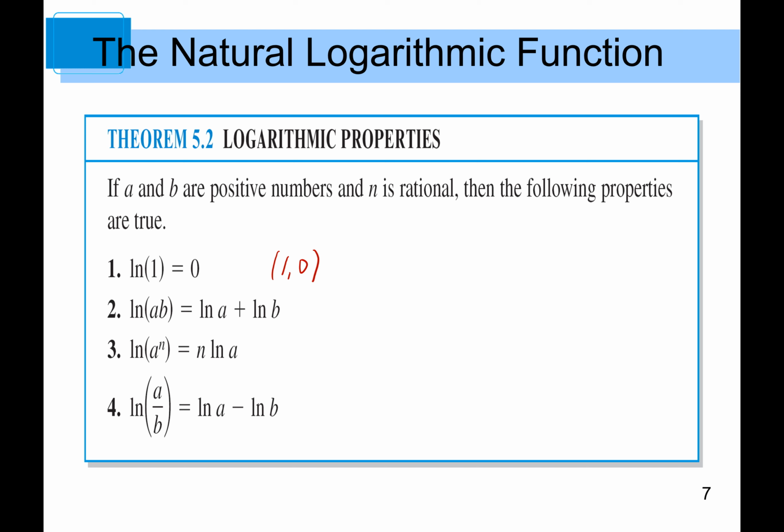And ln of a times b, the product becomes the sum: ln of a plus ln of b. ln of a raised to the n power, so again, you put the exponent in front, and it turns out to be n times ln of a. And the quotient, ln of a over b, the quotient becomes a difference: ln of a minus ln of b.